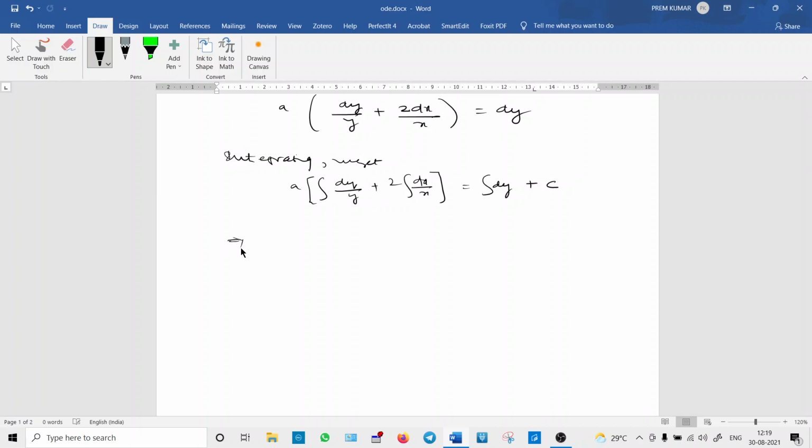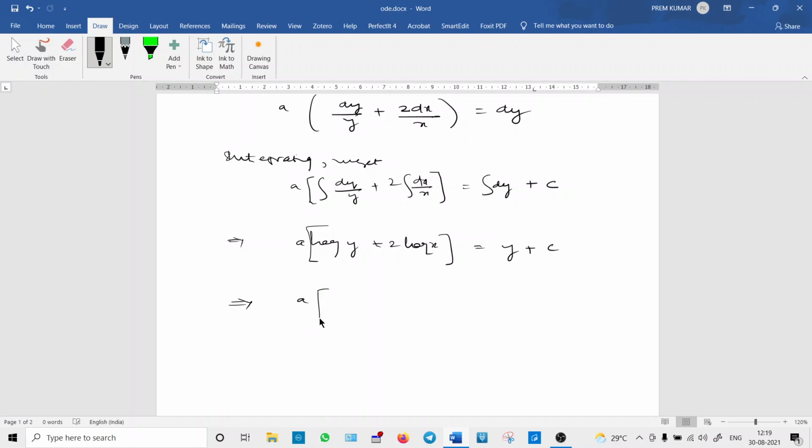So what happens? a into log y plus 2 log x equals, sorry, not x, y plus c.